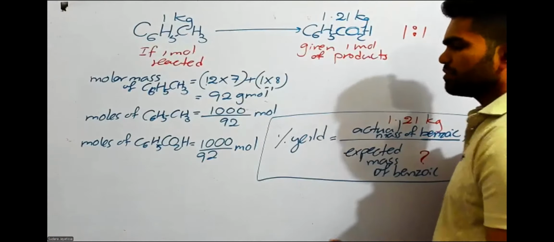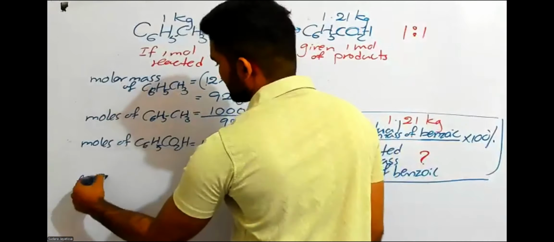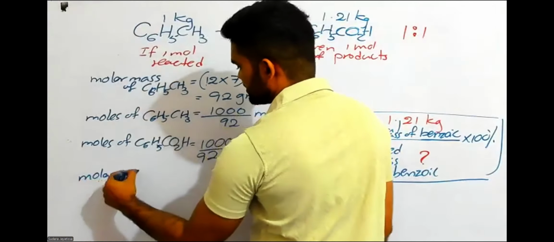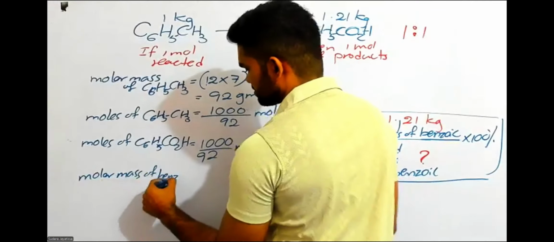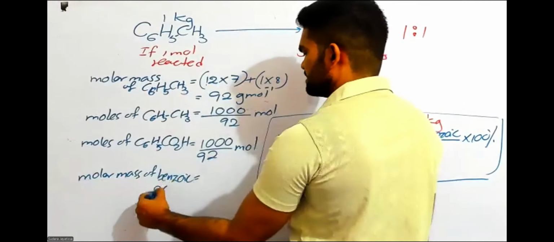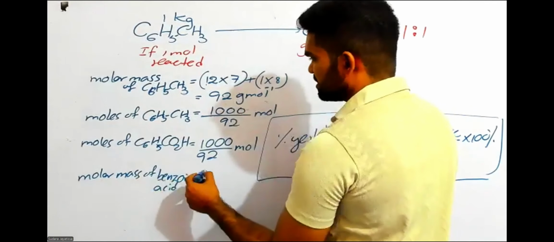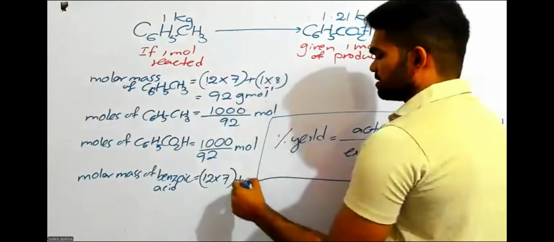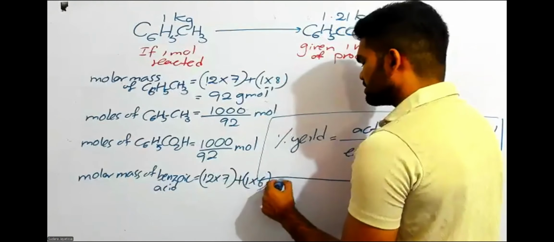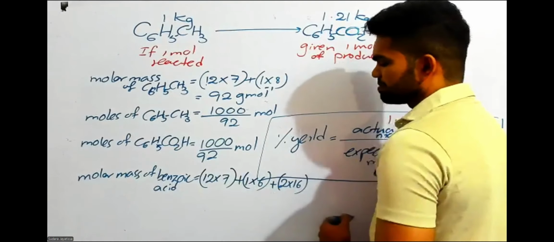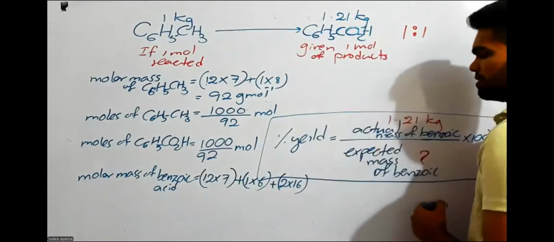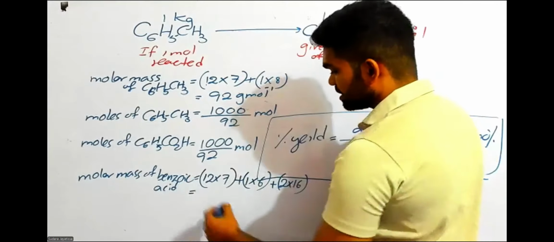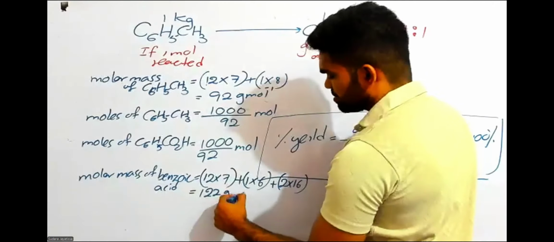Then you can find the expected mass, for which you need the molar mass of benzoic acid: 12 into 7 plus 1 into 6 plus 2 into 16, so 84 plus 6 is 90, plus 32, 122 grams per mole.